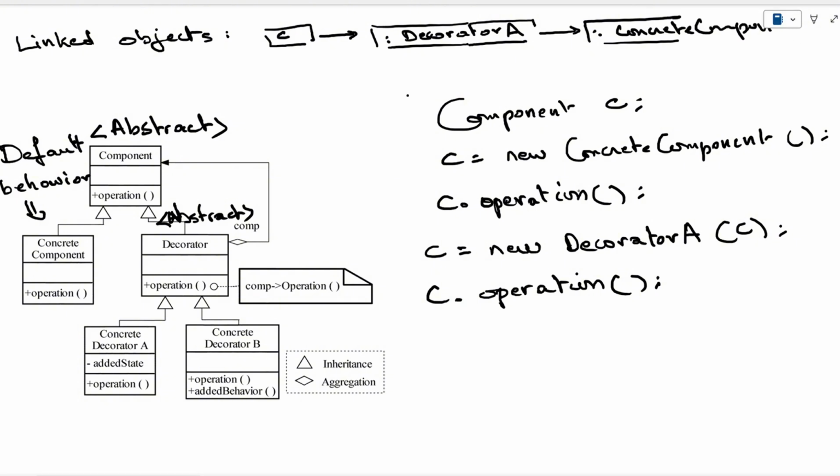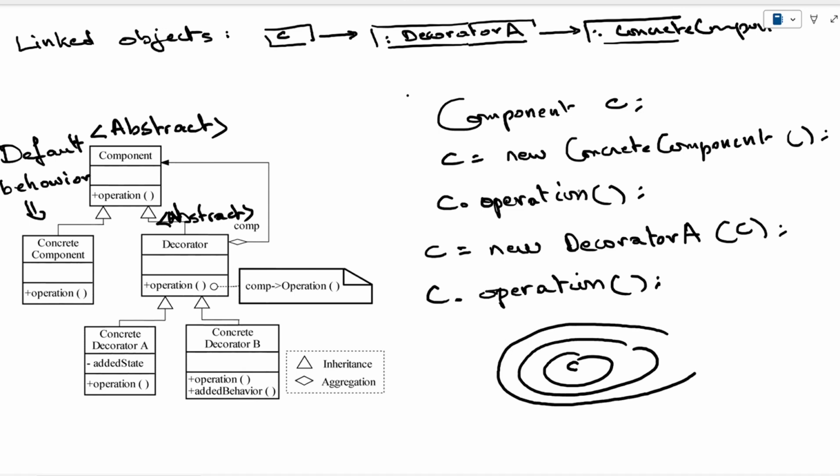We have this C object, we decorate it, then we decorate it again, adding and overriding behavior. The functionality of these decorators is to enhance or override behavior.